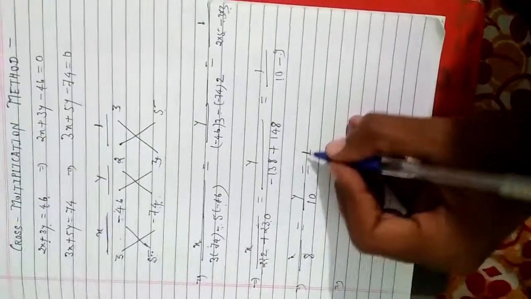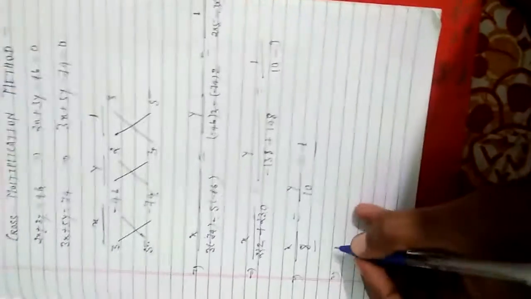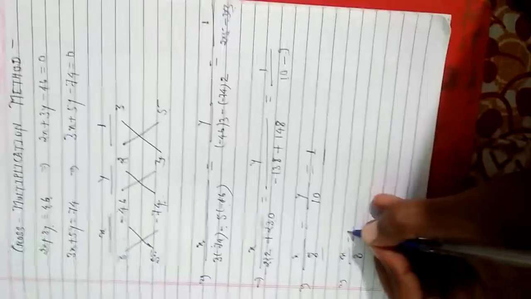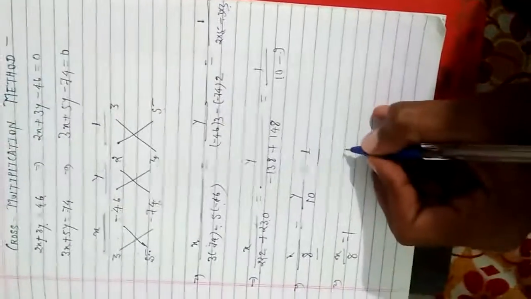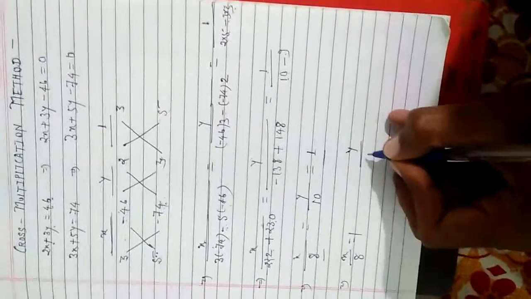Now we are equating these terms: x by 8 equals 1. Similarly, equating y by 10 equals 1.